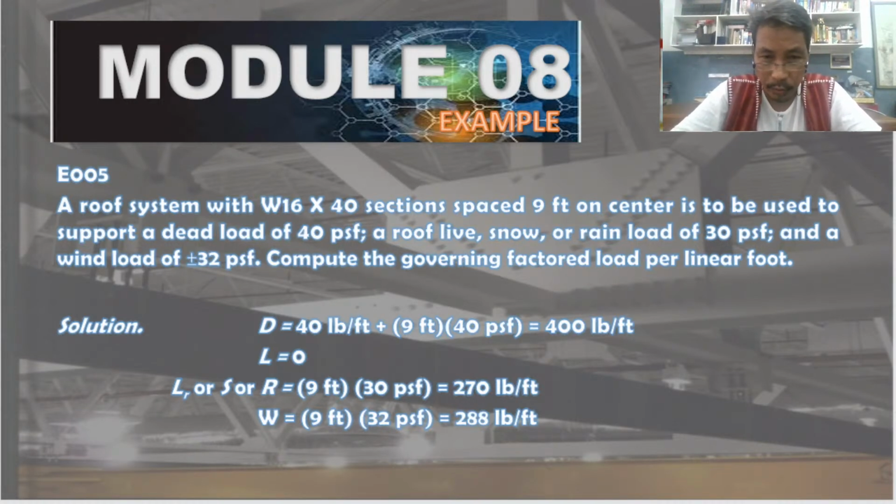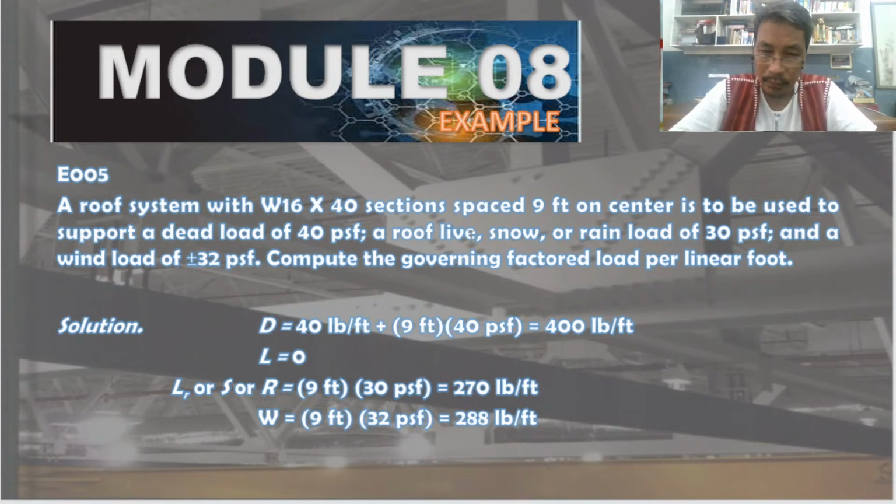A roof system with W16 by 40. Okay, another W type. 16 is the nominal dimension, 40 is the weight, so 40 pounds per foot. What is the spacing? 9 feet on center is to be used to support a dead load of 40 psf, a roof live load.